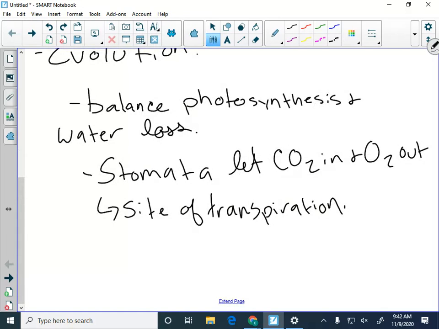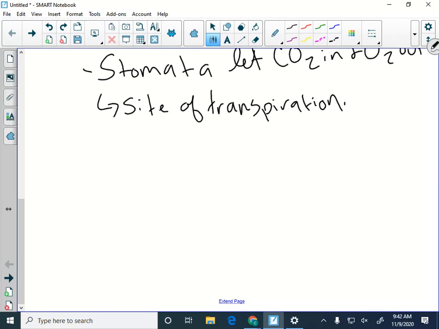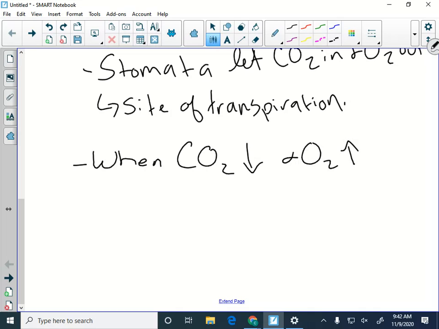When we have low levels of CO2, when carbon dioxide is sparse and oxygen is high, that's not super great for our plant cells.